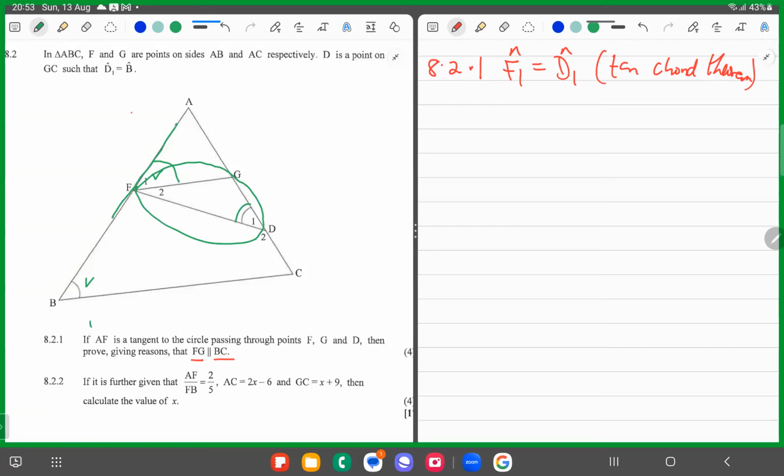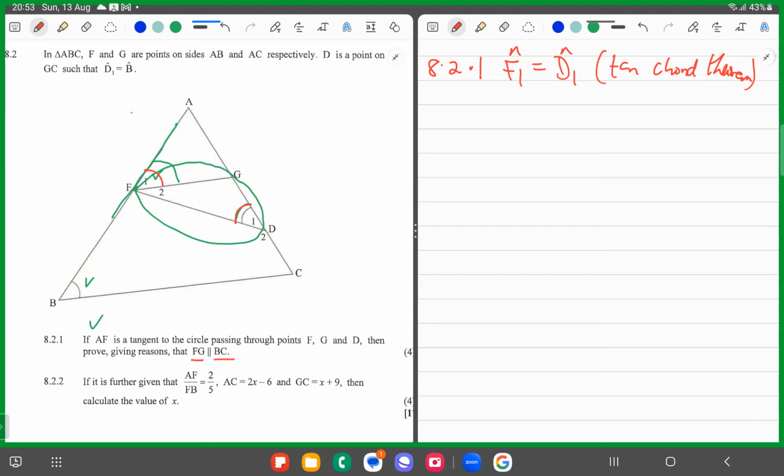We assume that it's a circle that passes through these points, and therefore this one is a tangent. If this is true, then the angle between a tangent to a circle and a chord equals the angle in the alternate segment, by the tan-chord theorem. So F1 equals angle D1.